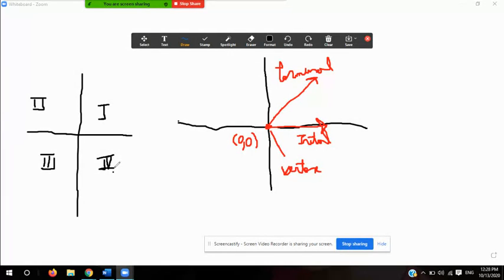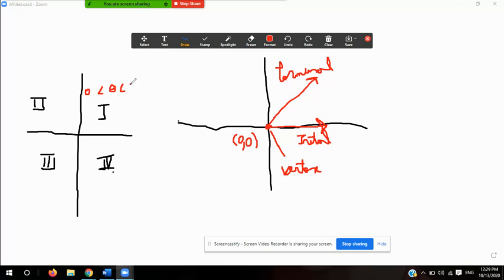Now, if I look at quadrant 1, basically in quadrant 1, I'm going to have angles from 0 to 90. So we would say in quadrant 1, theta or phi is greater than 0 but less than 90.